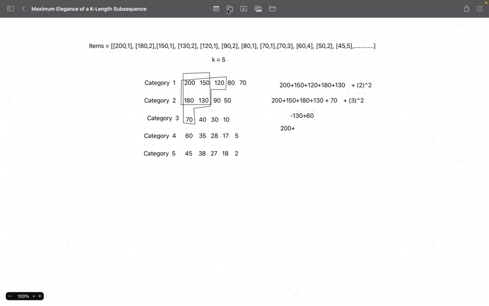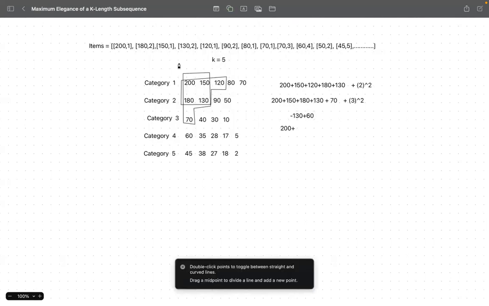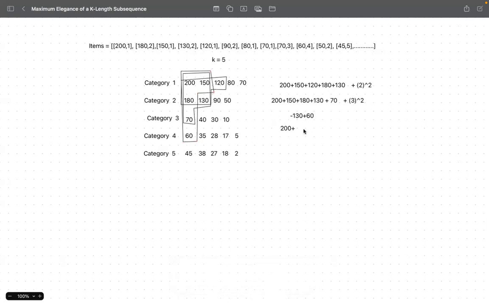Okay, let's draw the next one as well. The next one will be till 60, and you can see we are removing one duplicate, that is 130, and we are keeping all others, which are either maximum or not duplicates. So now we have 200 plus 60, and how many categories are there?